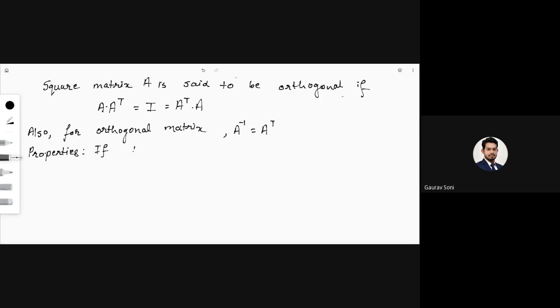If A is an orthogonal matrix, then one, determinant of A is equal to, tell me, what can you say about determinant of A?